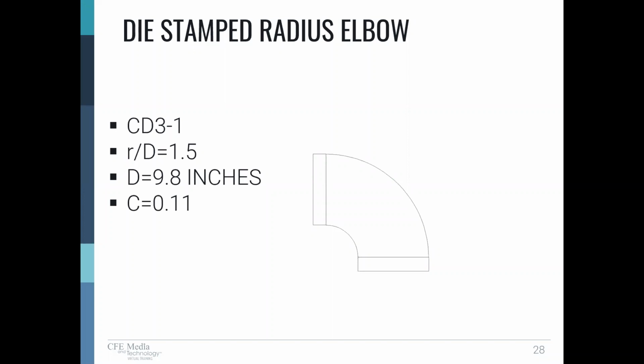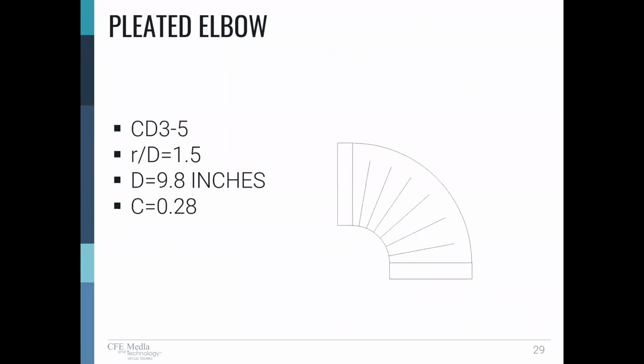The next one that we looked at was the pleated duct. So it still has a radius, it's still round ductwork, and they fabricated it using pleats around the inner radius. This is ASHRAE CD3-5. It uses the same R to D ratio of 1.5.